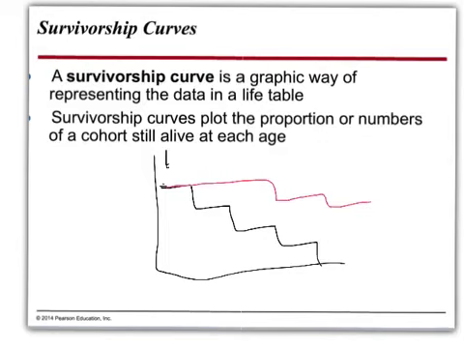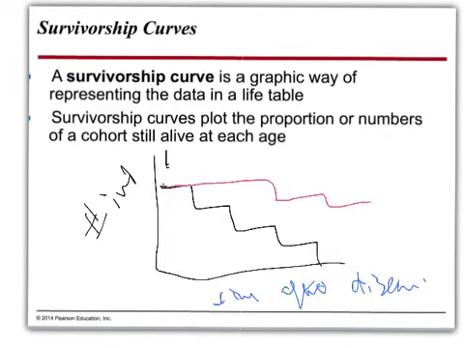The y-axis is number of individuals, and the x-axis is time after disease. So, number of survivors. In black, what's happening?